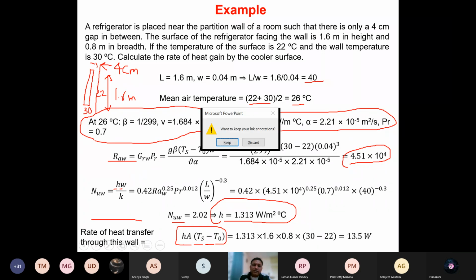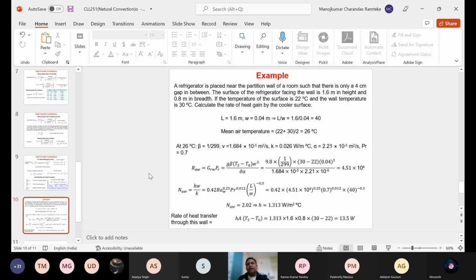What I feel is the topics we are left with are, after this, condensation. Boiling and condensation will take 1 day or maximum 1.5 days.